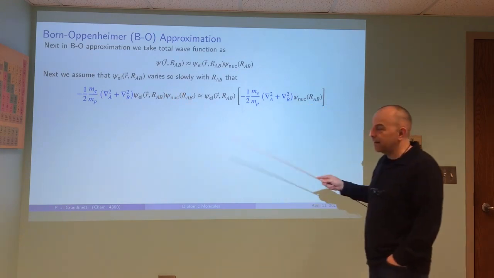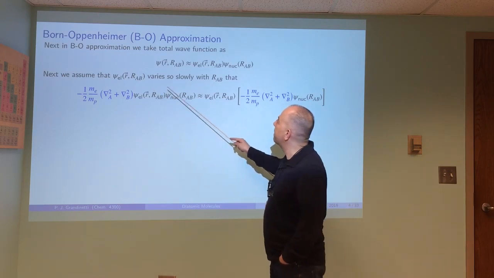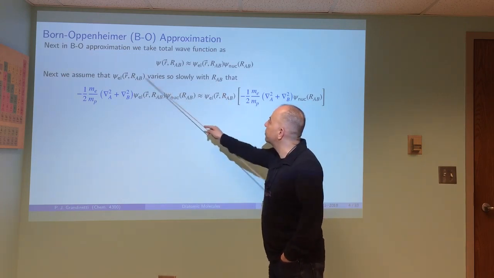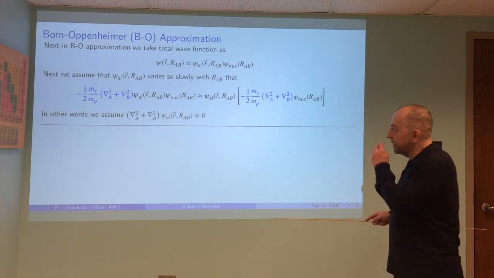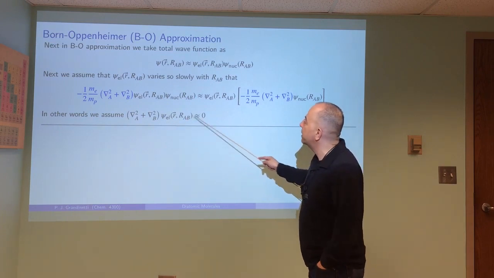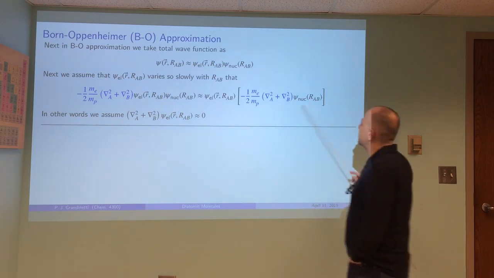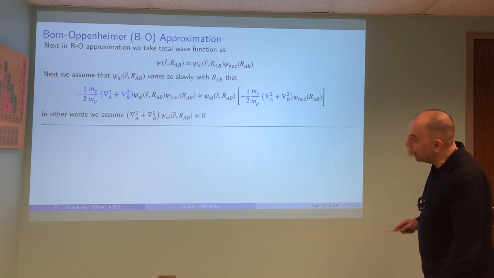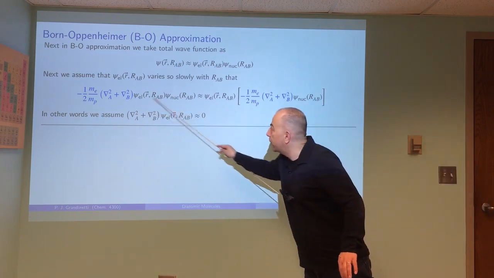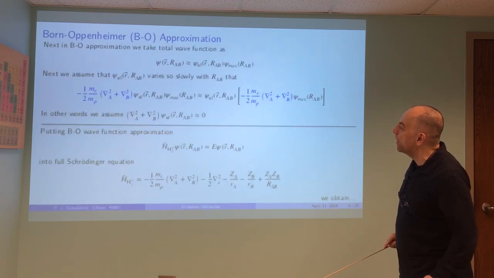The answer is yes, technically it should, but our approximation is that the wave function varies so slowly with R that we can just slide it past, and it's not going to be a big contributor. So this part of the operation ended up being 0, and all we're left with is this. This is part of making the Born-Oppenheimer approximation, that this operator applied to this combined wave function leads to this result. So that's the groundwork for the Born-Oppenheimer.